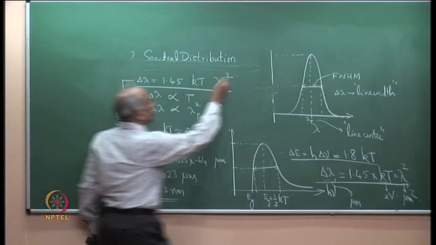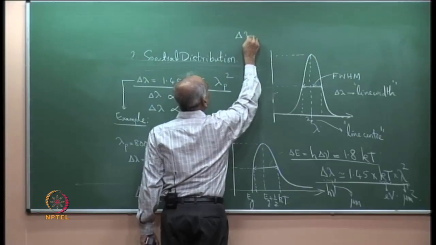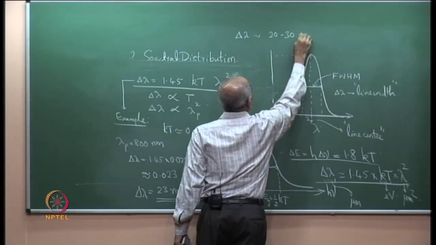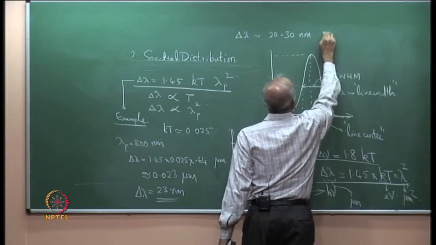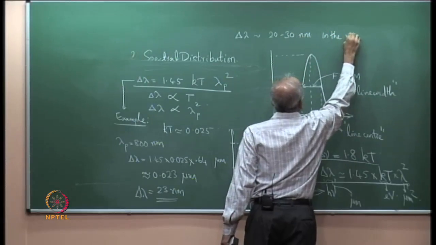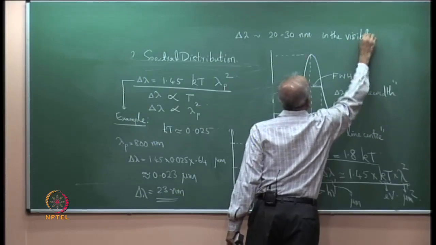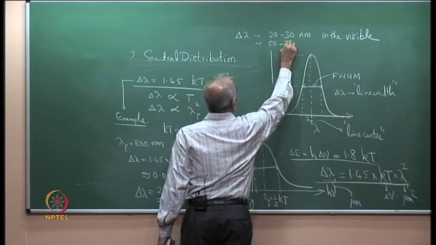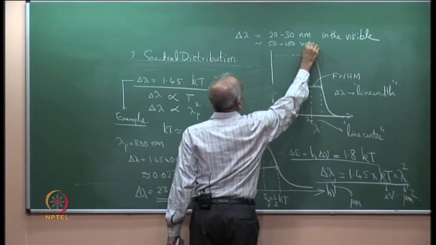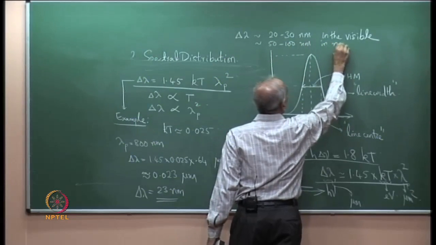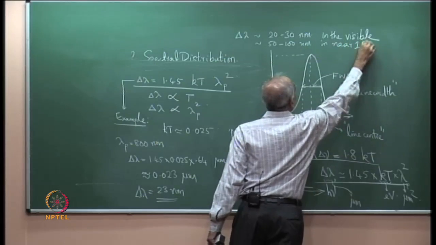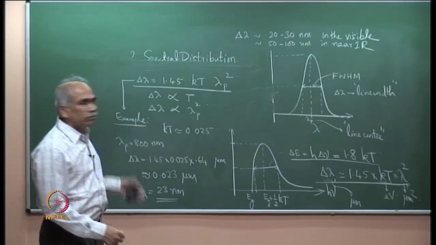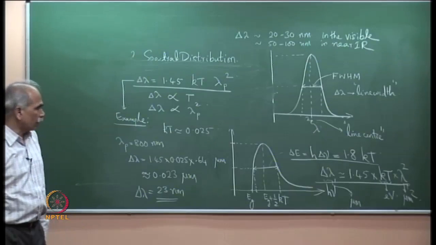So typical values of delta lambda are of the order of 20 to 30 nanometer in the visible, and of the order of 50 to 100 nanometer in the near IR, that is 1.5 micron. This is the kind of numbers that you would get for LEDs.